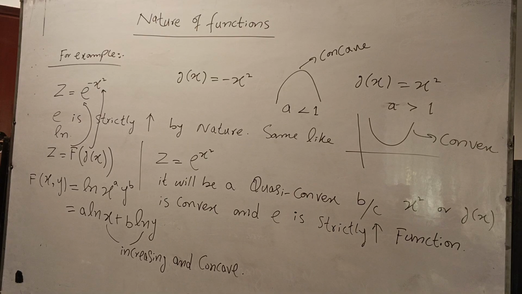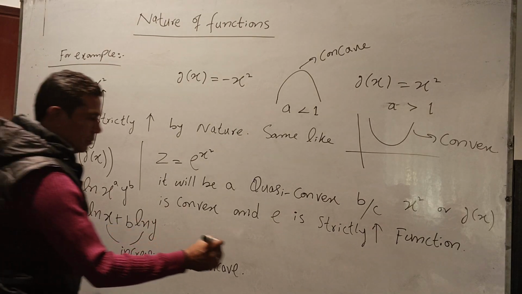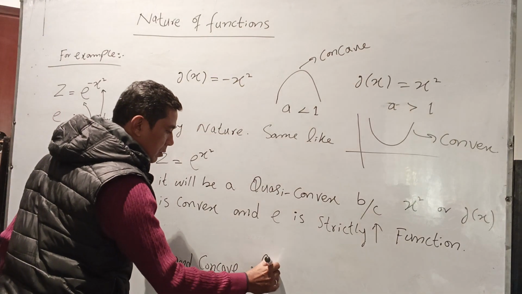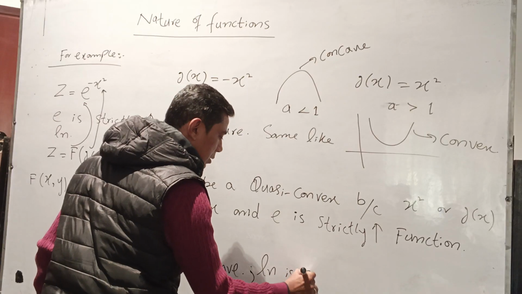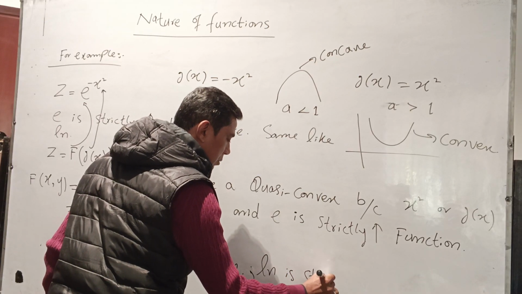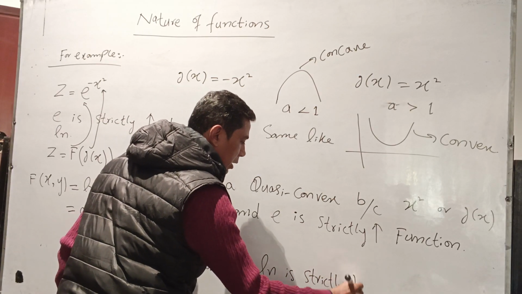Clear? Right? So ln transformation is strictly increasing. ln is strictly increasing.